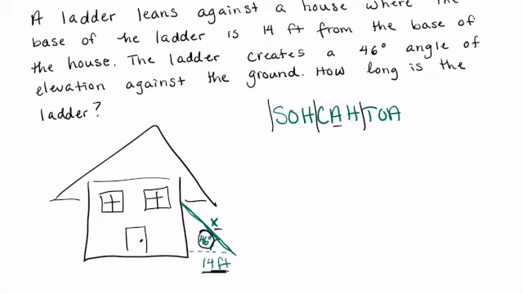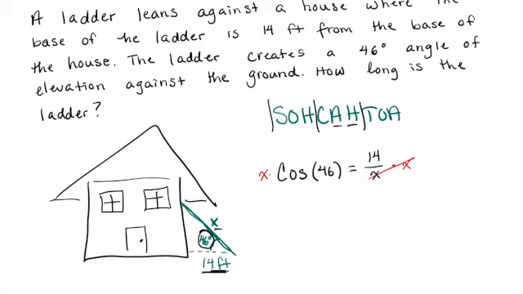So the only one that deals with adjacent and hypotenuse is cosine. So we set up our problem by saying cosine of whatever your angle measure is equals our adjacent side over our hypotenuse. And now we are going to simply solve for x. So multiply both sides by x.